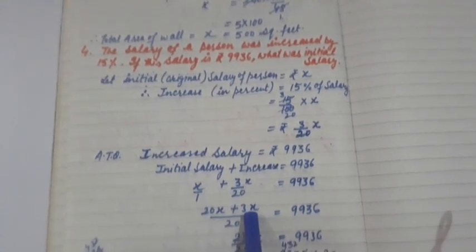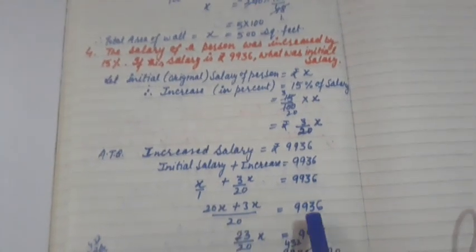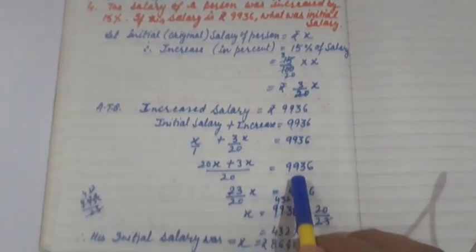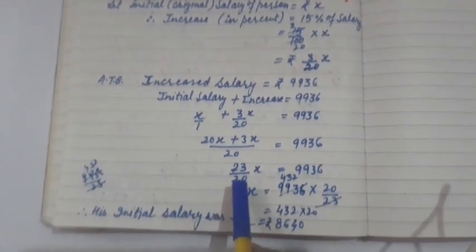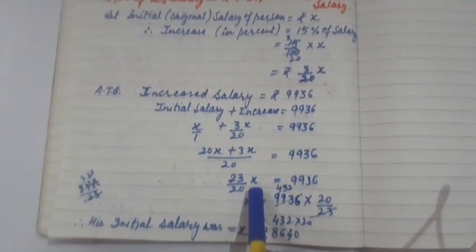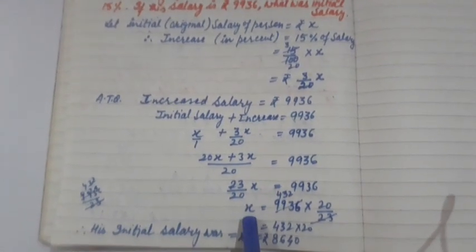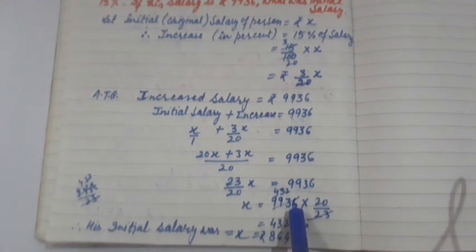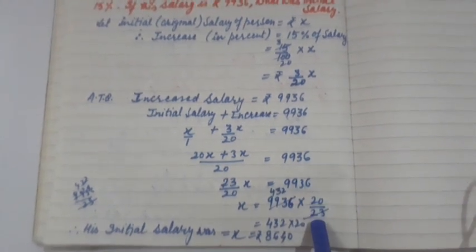When we take the LCM, it becomes 20x plus 3x upon 20 is equal to 9936, which is equal to 23 upon 20x. Therefore the value of x becomes 9936 into 20 upon 23.